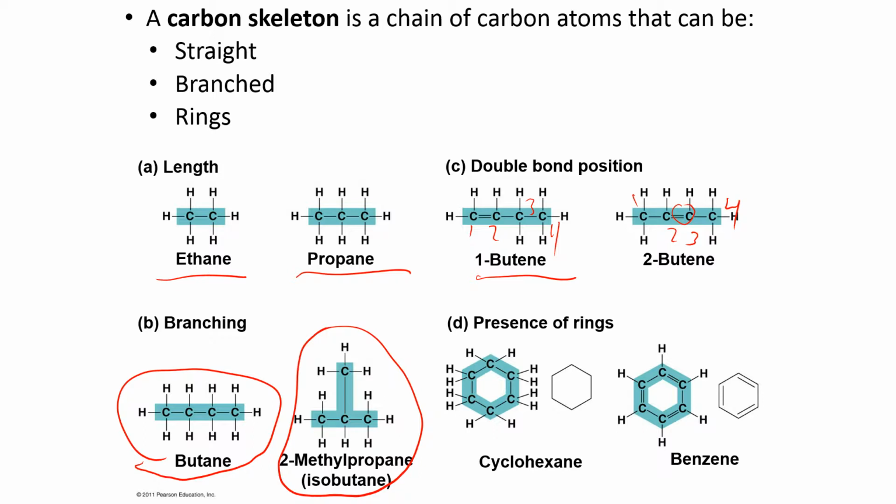And then you have organic molecules that can go from being linear to being cyclic. Basically, they form ring structures.